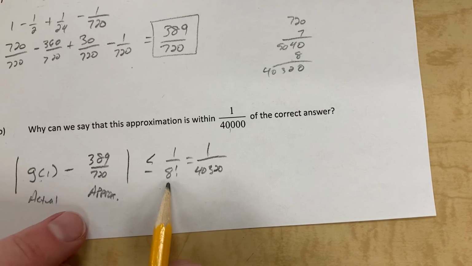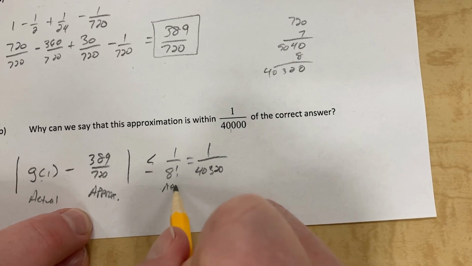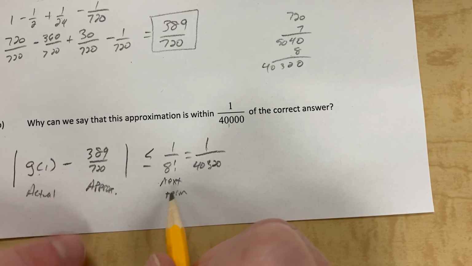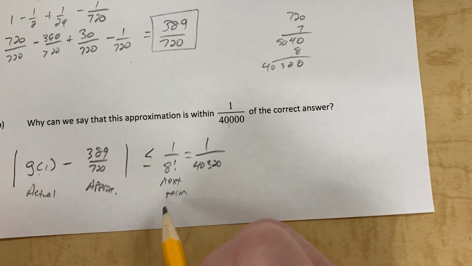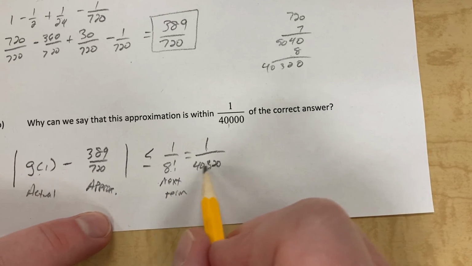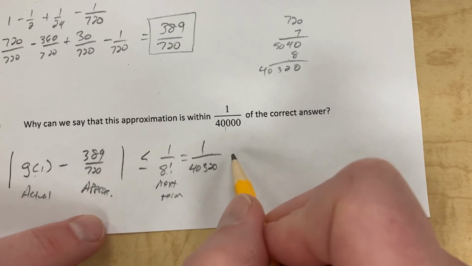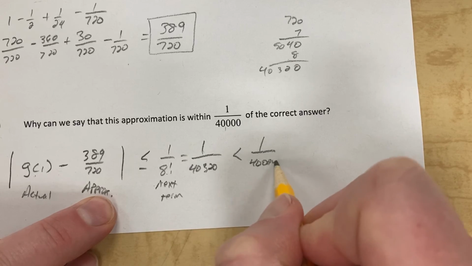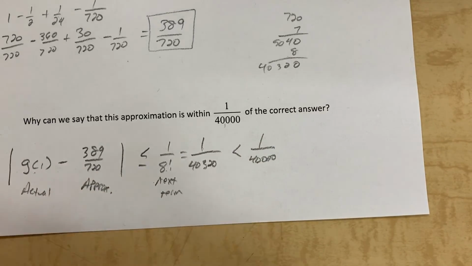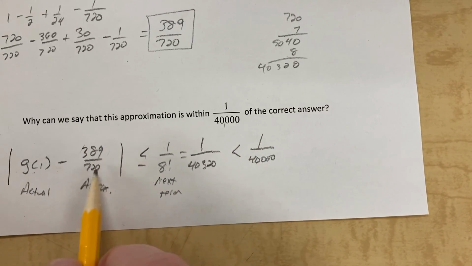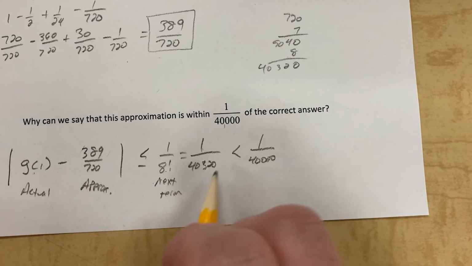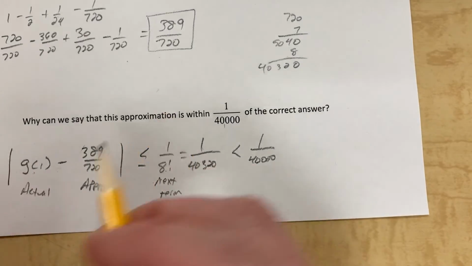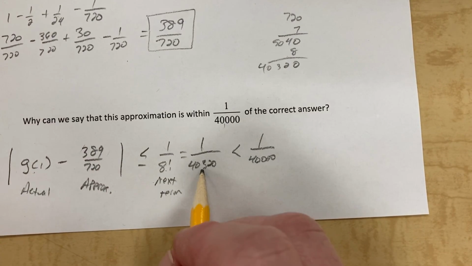Okay, so that was the next term that we did not use, the first neglected term, or however you want to say it. I did 8 factorial, and I got 40,320, and that is less than 40,000, which was the tolerance that they were asking for. So this approximation here, we know, is within 1/40,320th of the right answer. Maybe even better than that, but we can say it's no worse than that for sure.